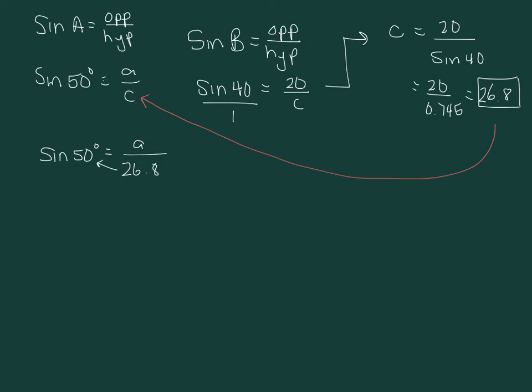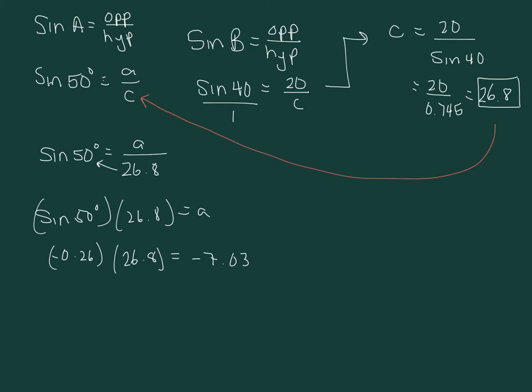All I do is a quick cross multiplication, and I've got sine of 50 degrees, which is a number, times 26.8, and that's going to equal A. If I take the sine of 50, I get negative 0.26, times 26.8, which is equal to negative 7.03.